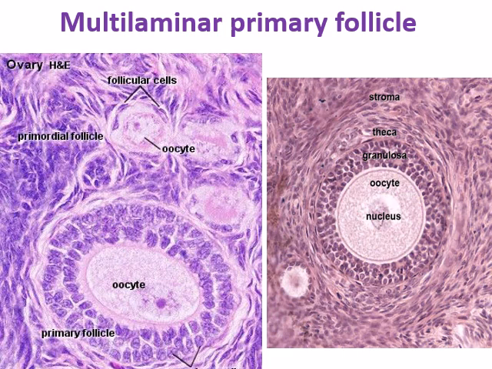With more FSH, the unilaminar follicle changes into a multilaminar one. The primary oocyte increases in size.